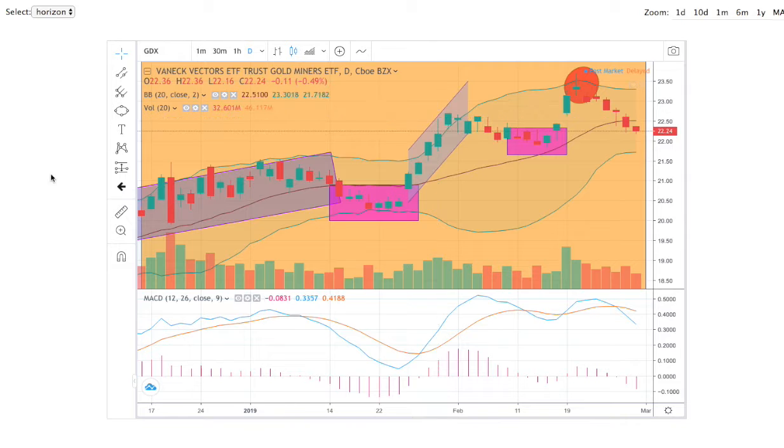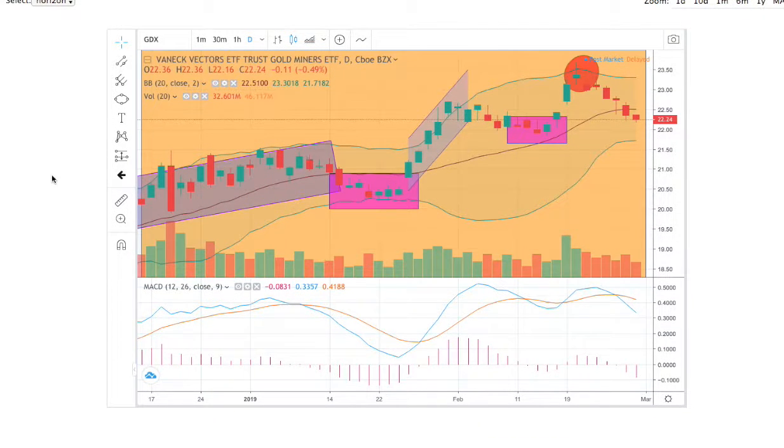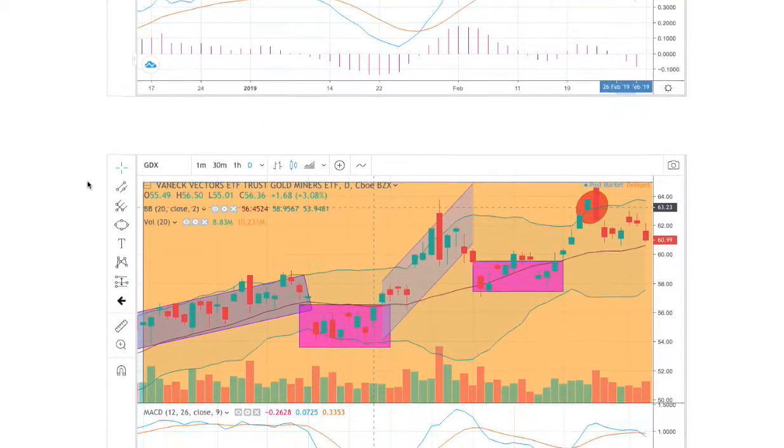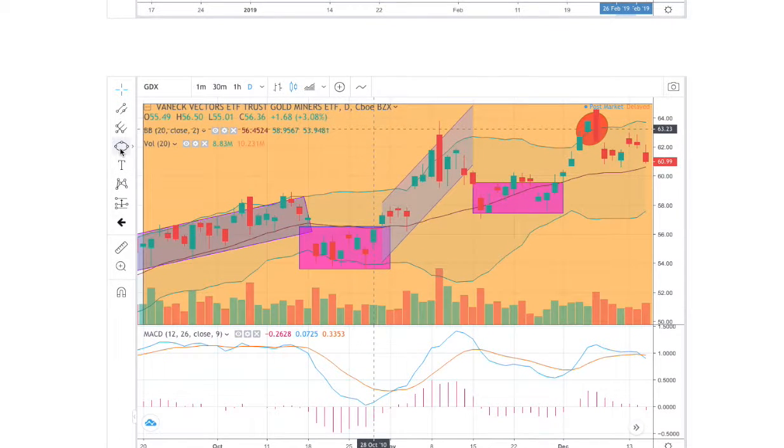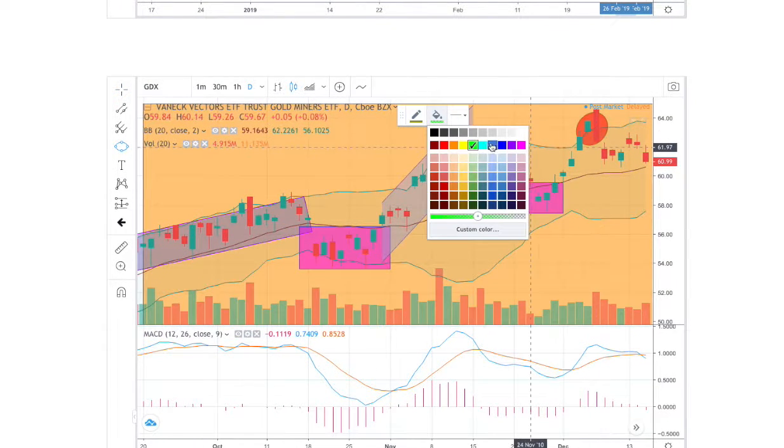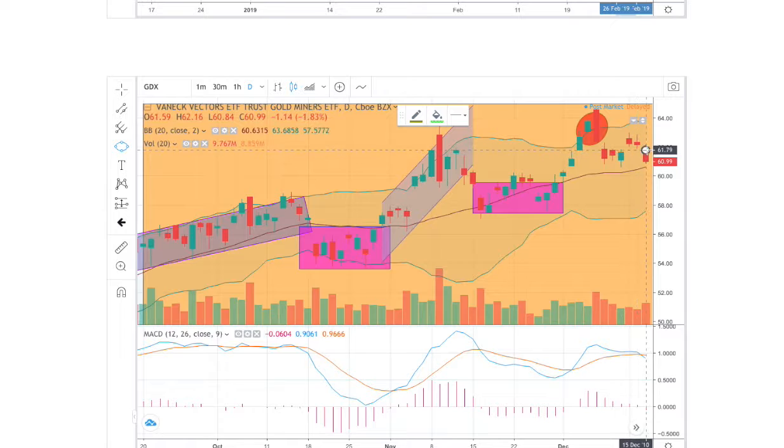And after that, it retraces back down all the way past through the middle Bollinger Band. This is today's action. Let's look at the other chart. It is closely approaching back to the middle Bollinger Band right here.